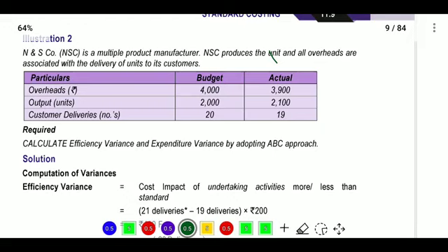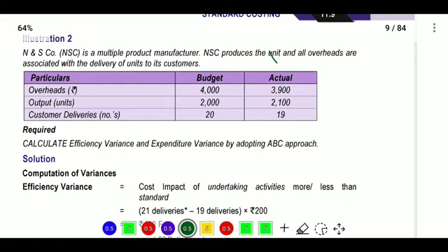Here the budget output was 2000 units, but the actual output was 2100, and the budget was provided only for 2000. So we require the budget for 2100.